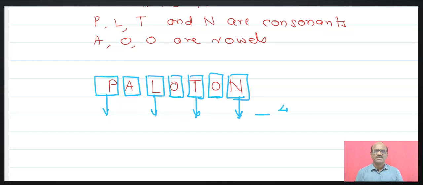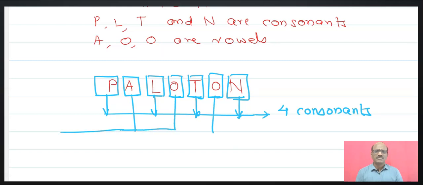That is the P, L, T, N, n is equals to 4. And all the vowels, that is a consonant. Now the remaining, these are the vowels.